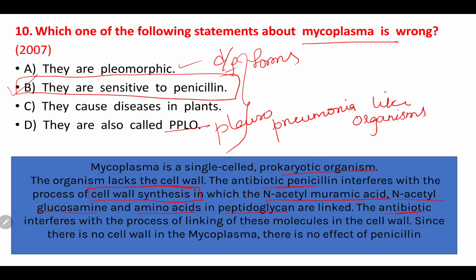This antibiotic penicillin interferes with the process of linking of these molecules, this N-acetyl muramic acid, glucosamine. So they interfere with the process of linking of these molecules in a cell wall.